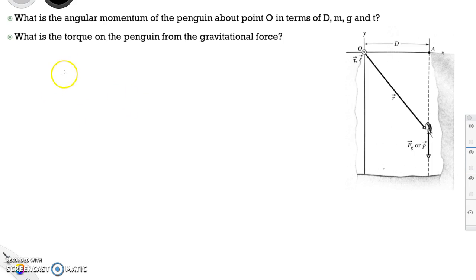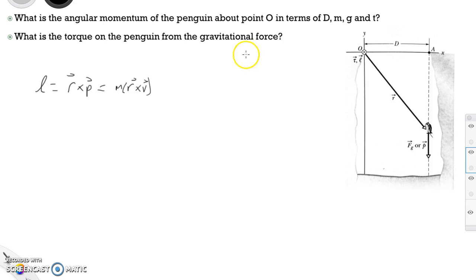Angular momentum for a particle is r cross p, so that would be m times r cross v.